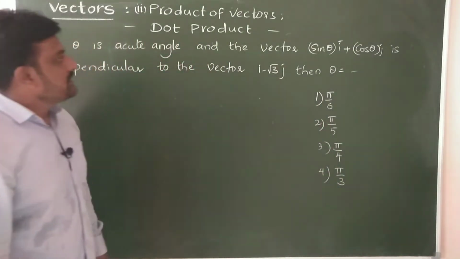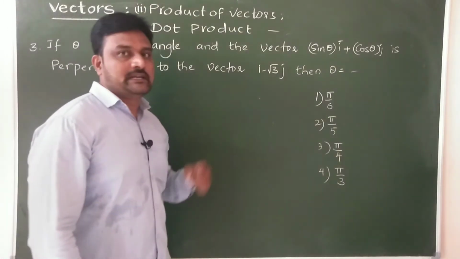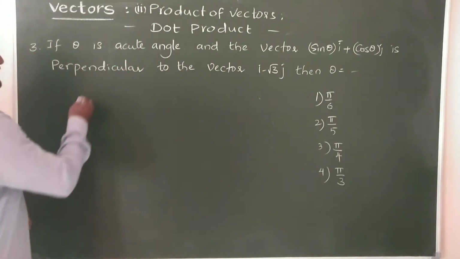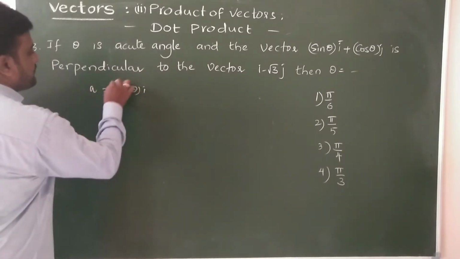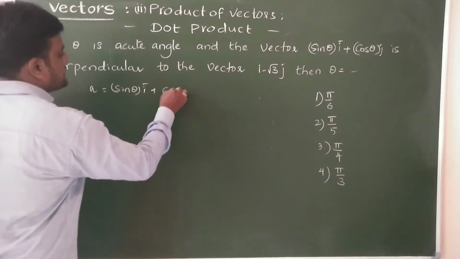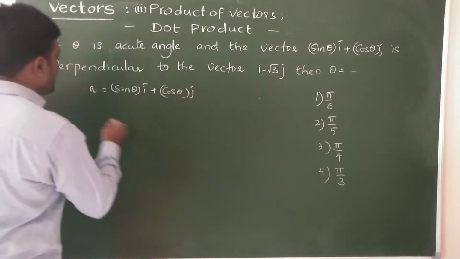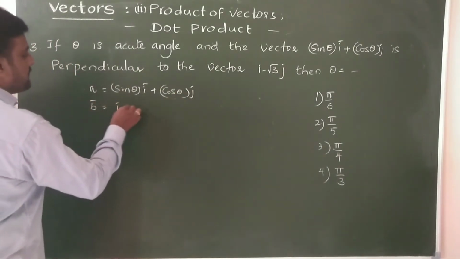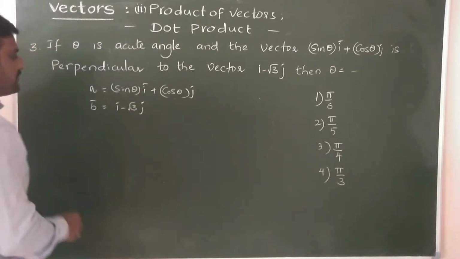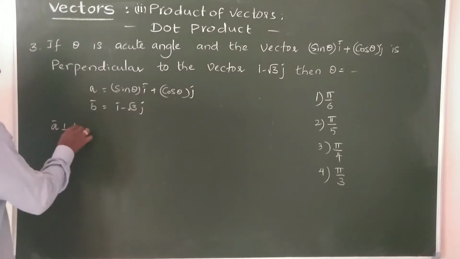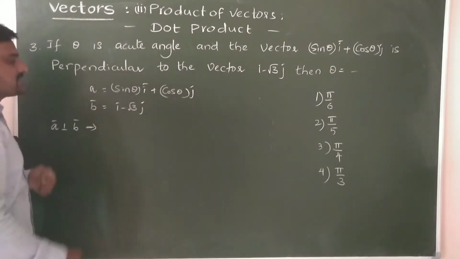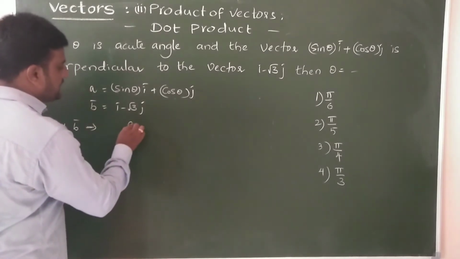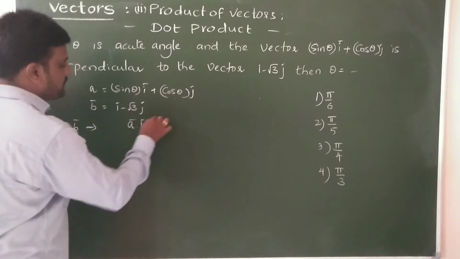Given two vectors are perpendicular to each other: A equals sin theta i plus cos theta j and B equals i minus root 3 j. If two vectors are perpendicular, then A dot B equals 0.